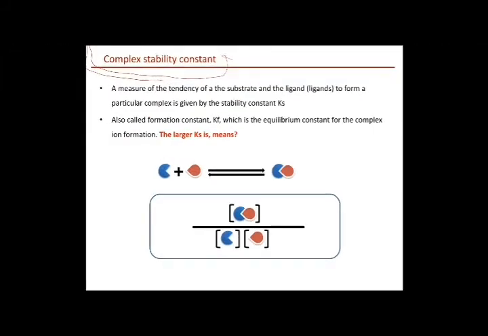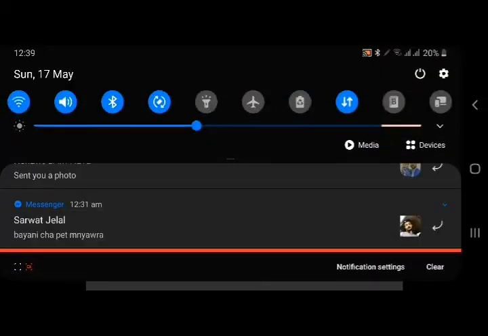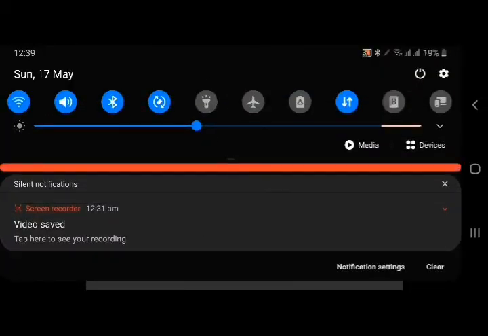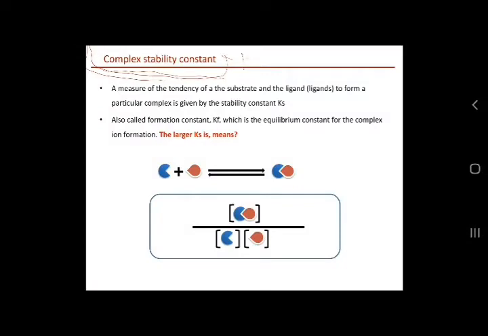Now, if you return to the slide, by complex stability constant, we mean K. K for what? For a complexation reaction. This was our substrate. This was our ligand. We had a complexation reaction to form a complex.